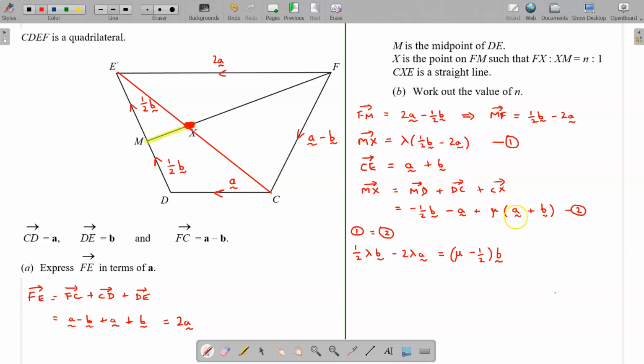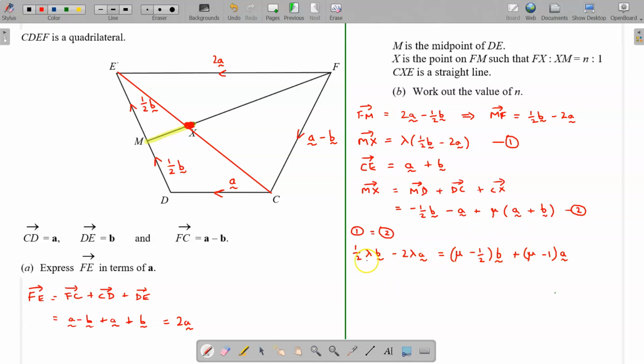So I've got mu a minus 1a, which is the same as mu minus 1 times a. Now I've put them in the same order, the b term and then the a term, because you can equate the b coefficients now.